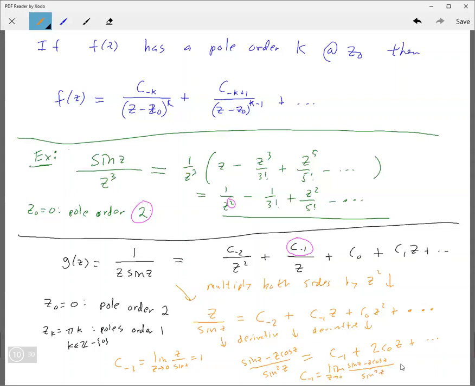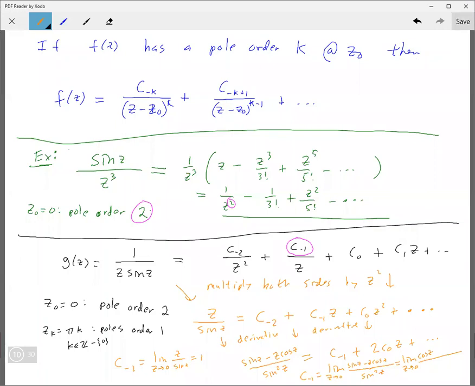Well, that gives you 0 over 0, right? And by the way, L'Hopital's rule works for complex variables. It's a true rule. So derivative of the numerator, cosine z. Wait, I should do this on another page.